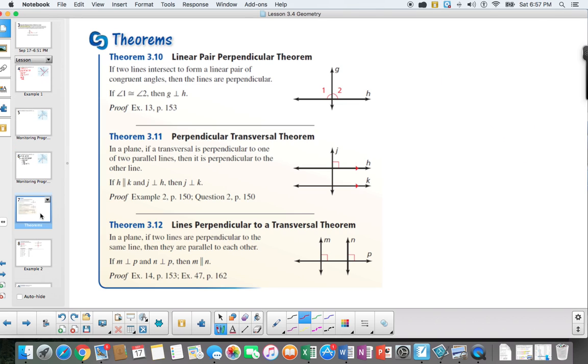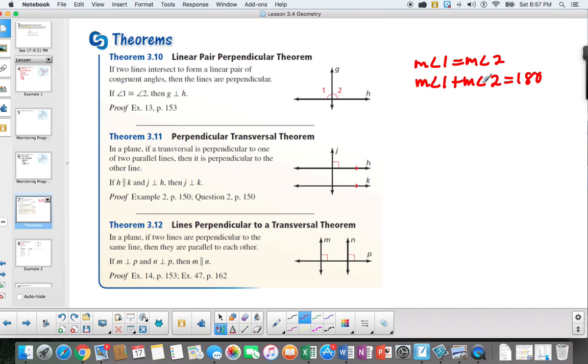Okay, here are the three theorems concerning perpendicular lines. The first one goes like this. If two lines intersect to form a linear pair of congruent angles, so we know that the measure of angle 1 equals the measure of angle 2. We also know that they're a linear pair, so a linear pair means they're going to add up to 180.